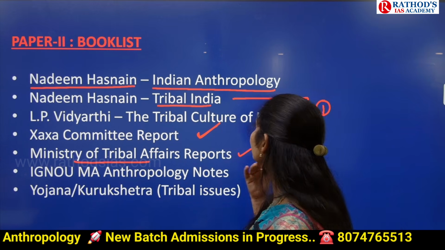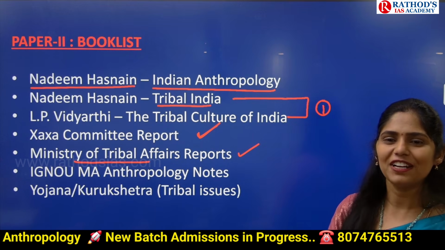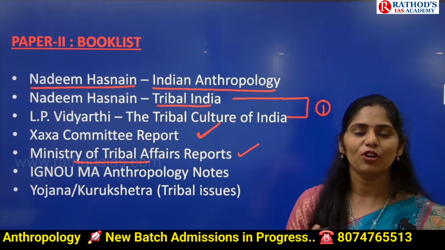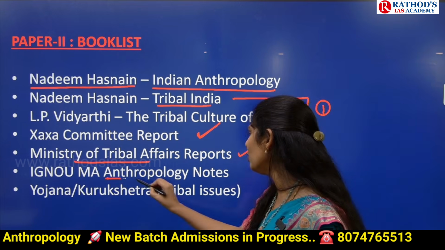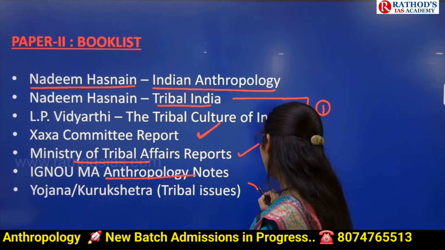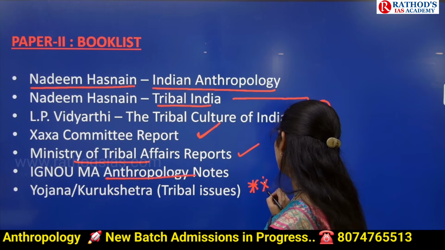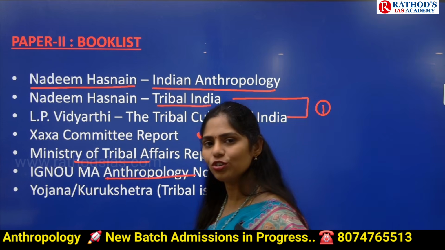And next, even after reading the Xaxa Committee report, Ministry of Tribal Affairs and these books, if you feel you are not complete, then you can see the IGNOU Anthropology notes available online. And the next very important thing is the monthly magazines called Yojana and Kurukshetra.